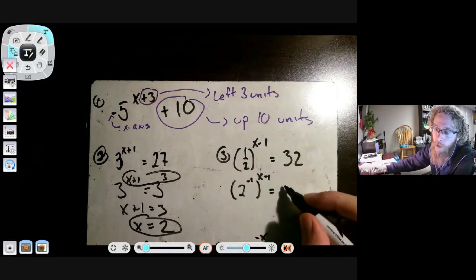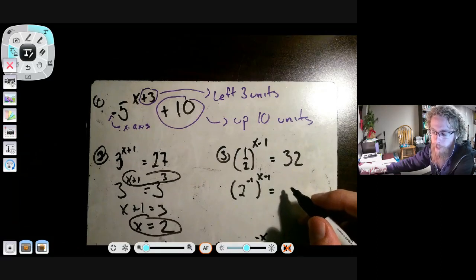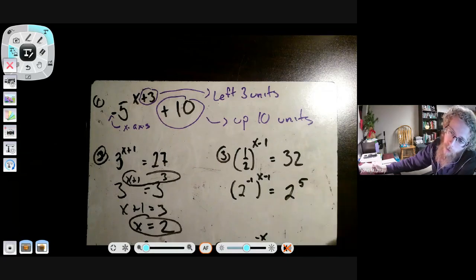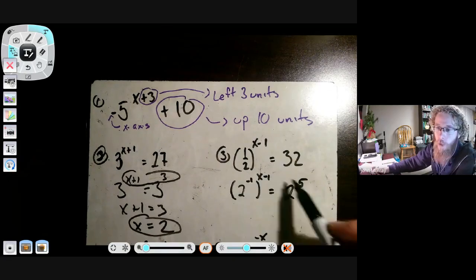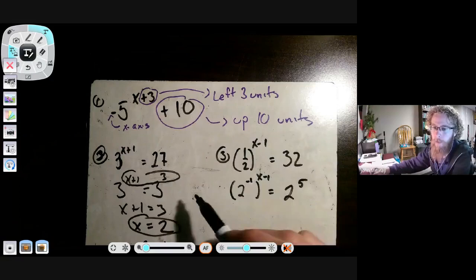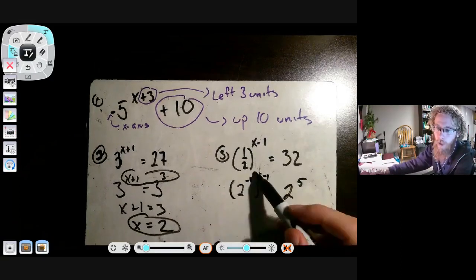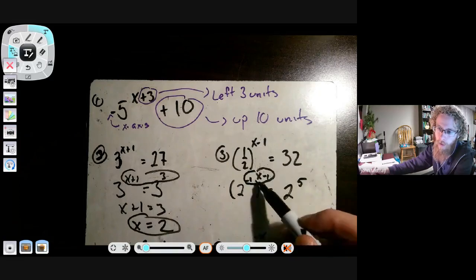The 32, well, 2 squared is 4, 2 to the third is 8, 2 to the fourth is 16, 32 is 2 to the fifth. Before I can forget about the base and just worry about the exponents, I got to deal with this.